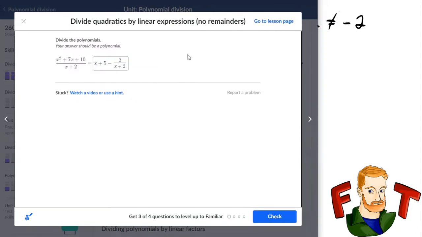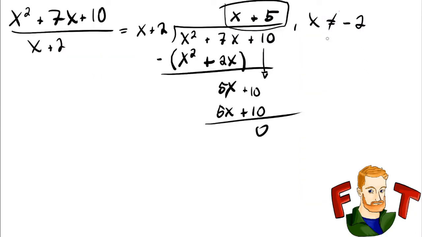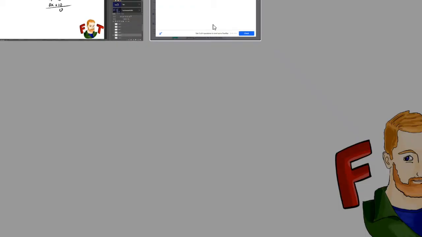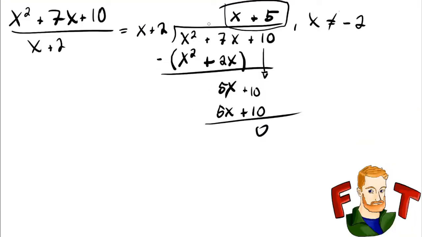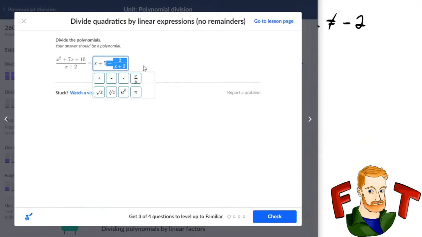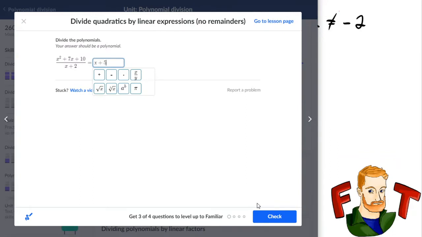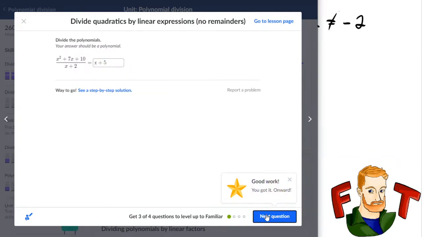Let's make sure that's the form they're looking for here. X plus 5. We got negative 2. This is not part of it. That's not it. So it's just x plus 5, no remainder. See, I almost messed myself up. That's not part of it. It's just that. All right.